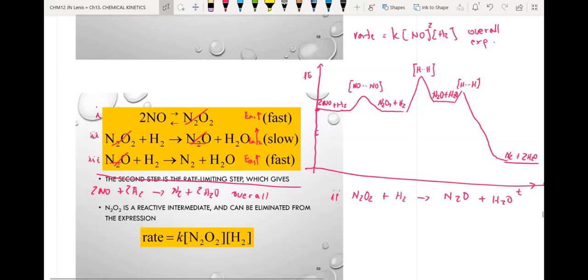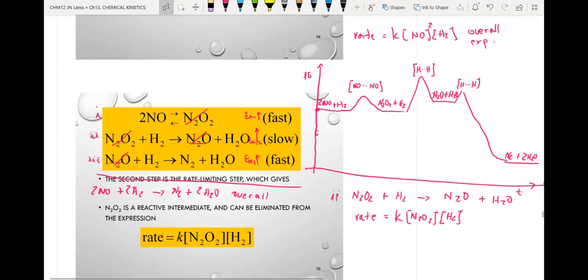We can write the rate law for the elementary step right from that information. Rate, very straightforward, times, what is the rate law for this? Just from here, using stoichiometric coefficients, it is going to be K times concentration of N2O2 times concentration of H2. That will be the rate law for that elementary step.